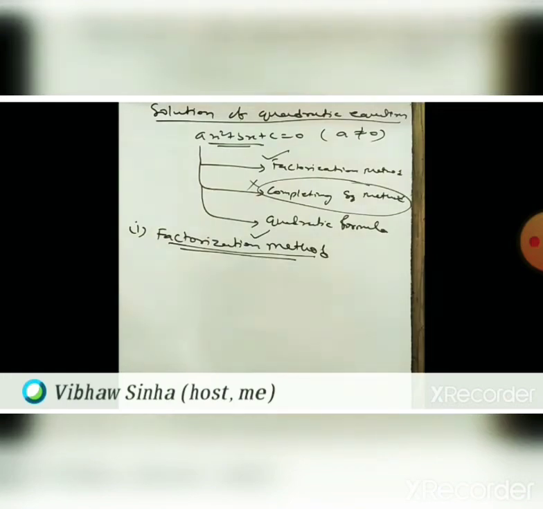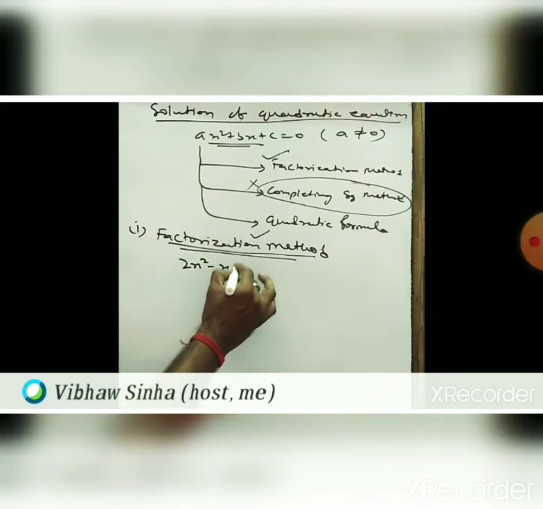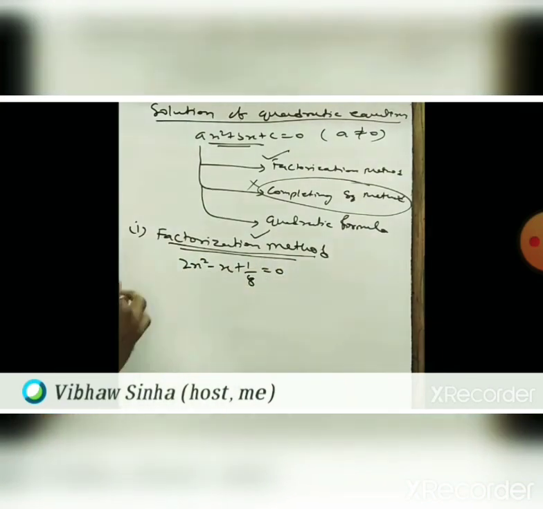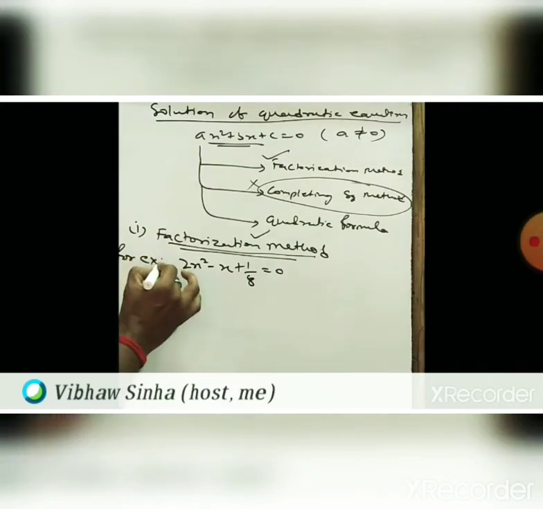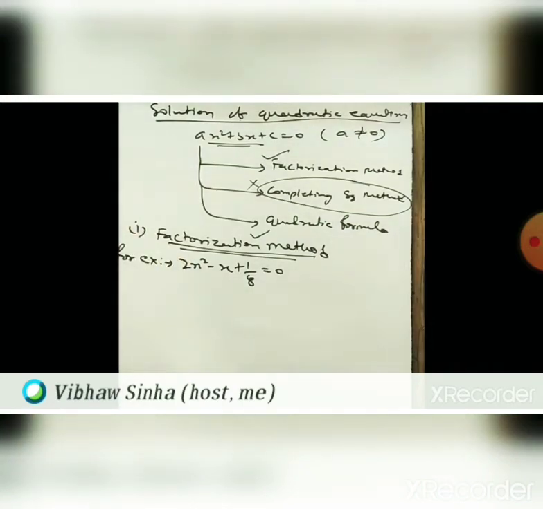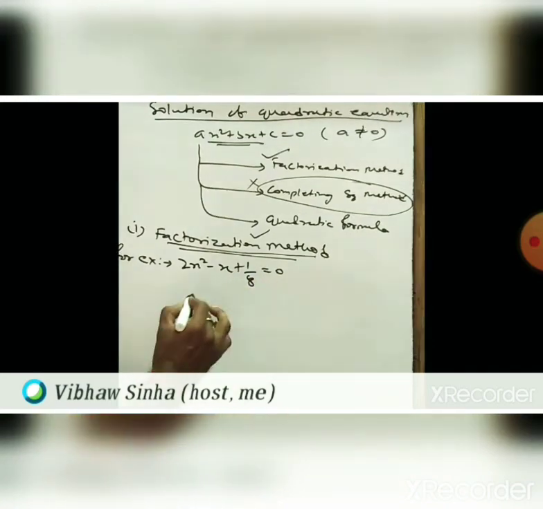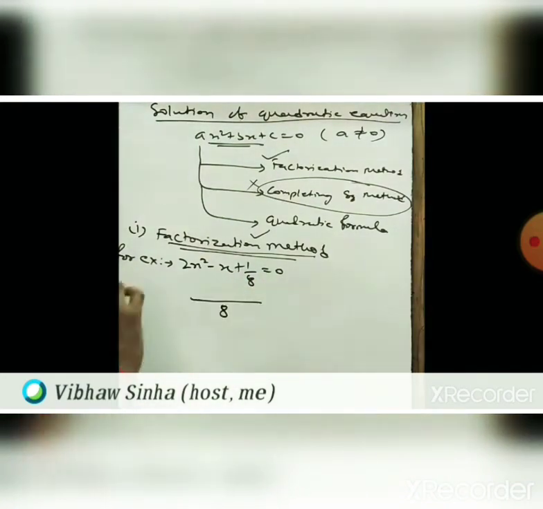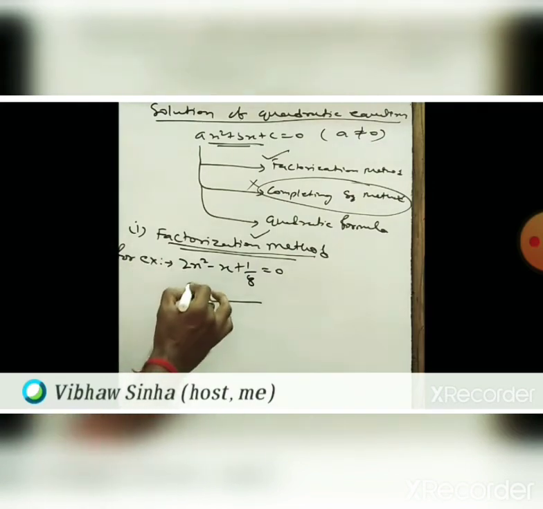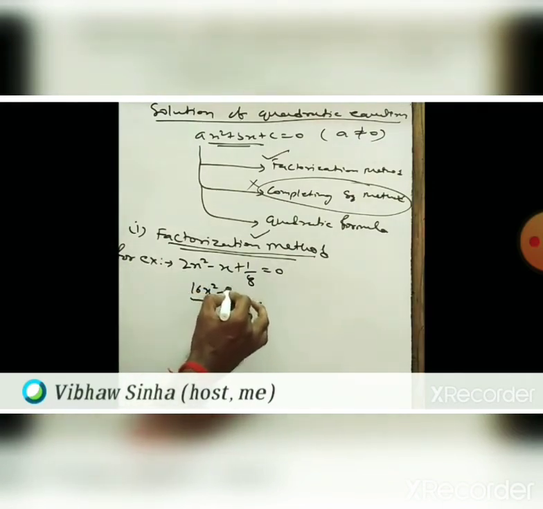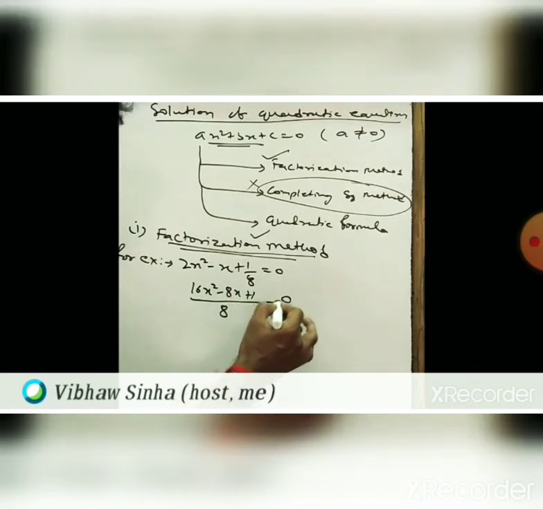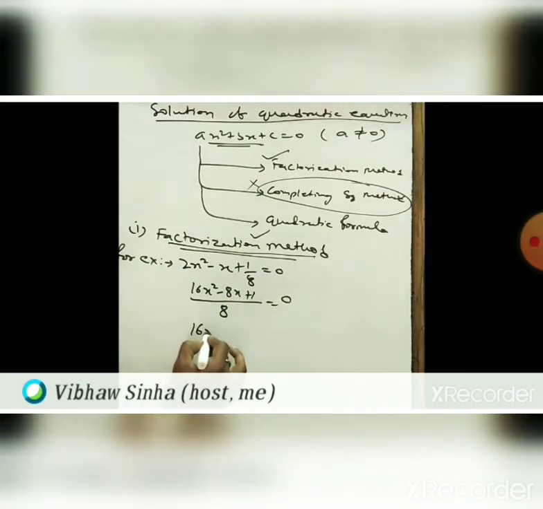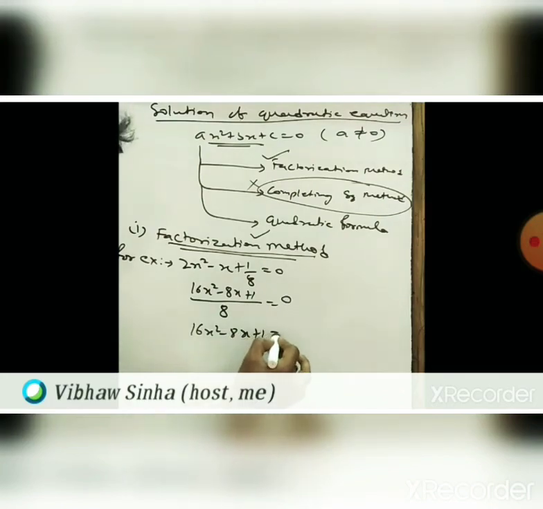See one example for it: 2x square minus x plus 1 by 8 equal to 0. Take the LCM of 8, which is 8. So 8 times 2 is 16x square, minus 8 into x is 8x, plus 1 equal to 0. So it is 16x square minus 8x plus 1 equal to 0.